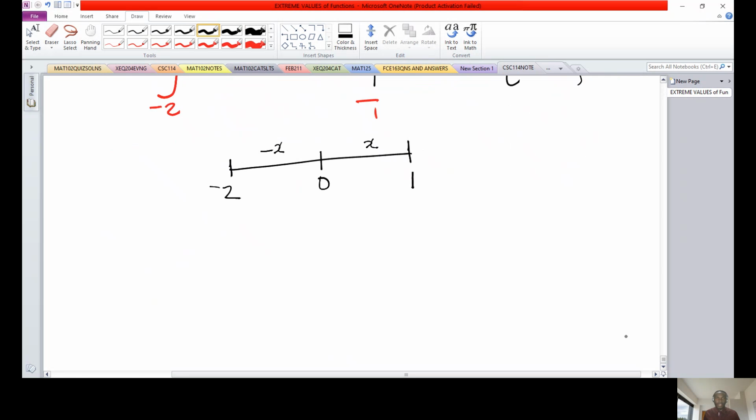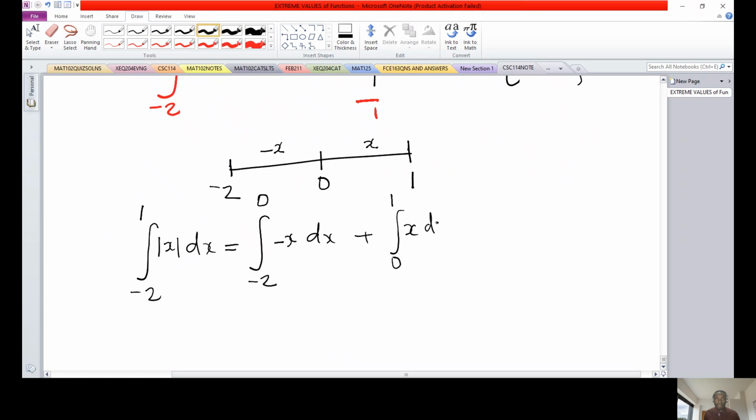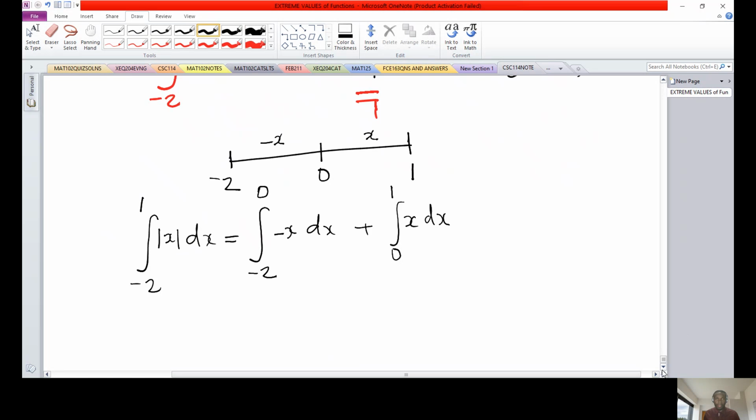Therefore, you rewrite the integral from -2 to 1 of absolute value of x with respect to x as the integral from -2 to 0. The formula which defines the limits from -2 to 0 is negative x, and then plus the integral from 0 to 1, and the formula which defines this interval is x, dx.